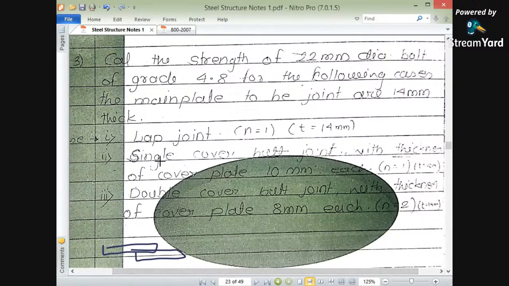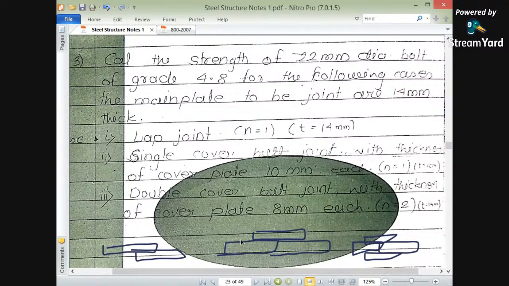The second case is a butt joint with a single cover plate. The third case is also a butt joint, but it is joined with two cover plates, one on top and one on the bottom.